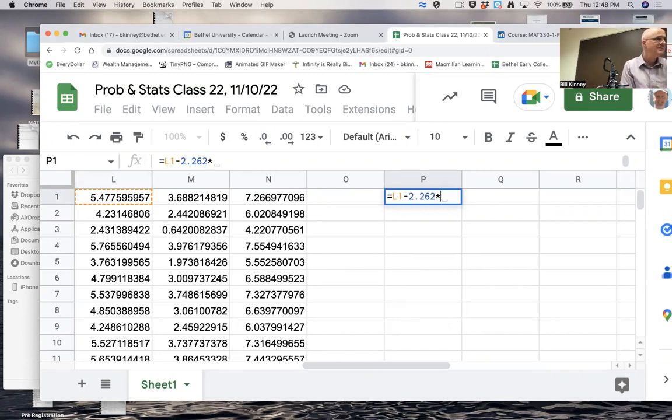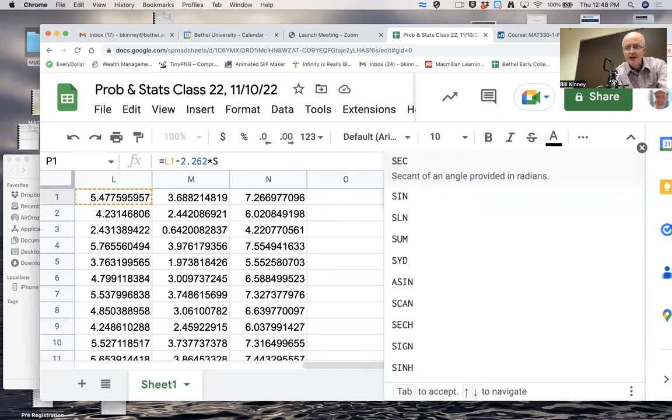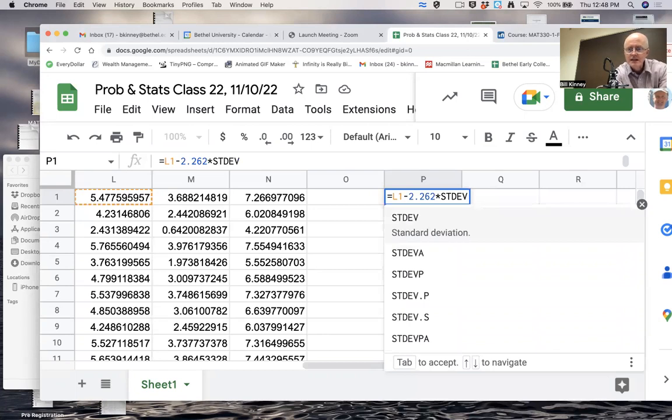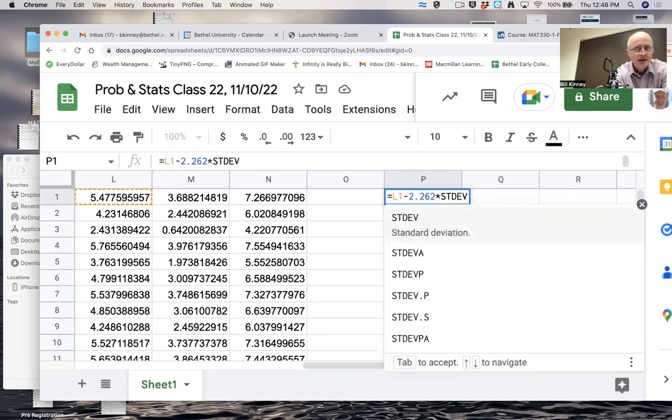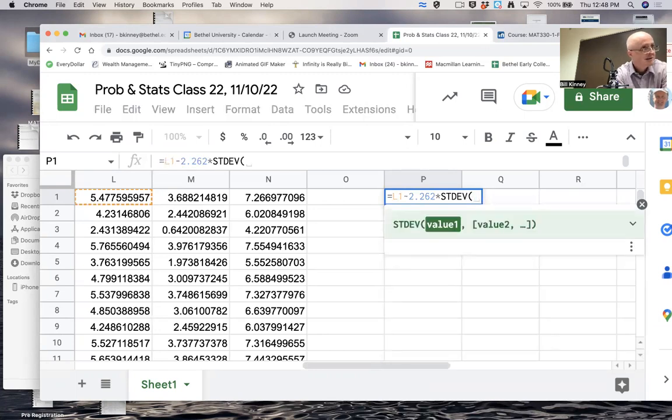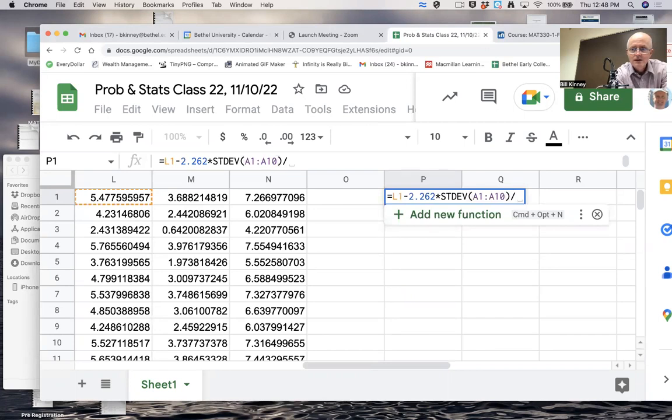That was sigma. But instead, the observed value of the standard deviation, the STDEV. Don't put a P on it. Leave the P off. Still divide by square root of 10.